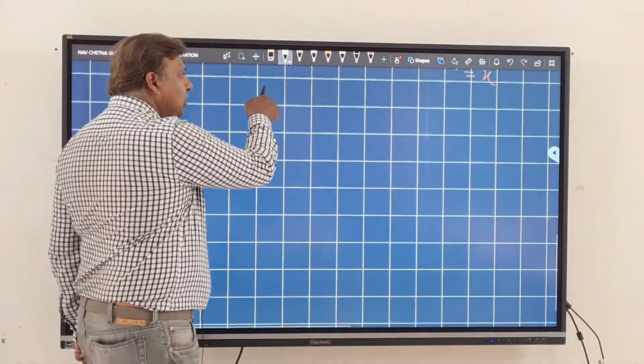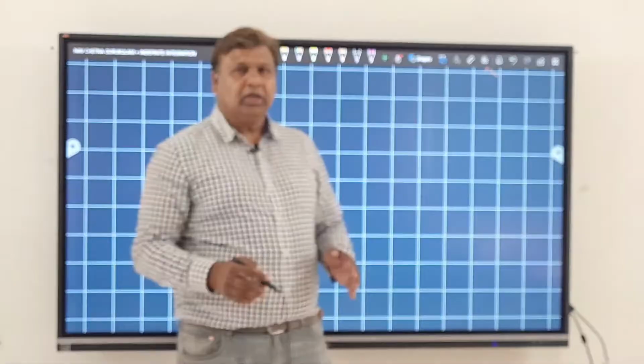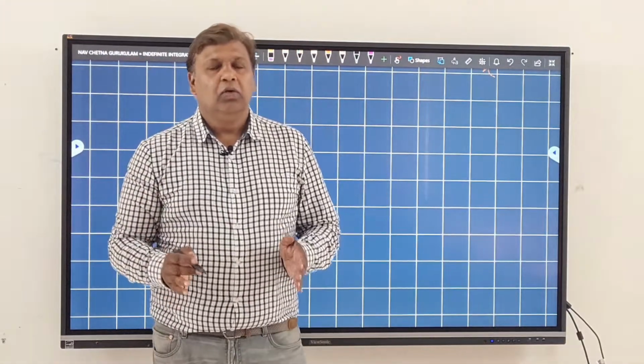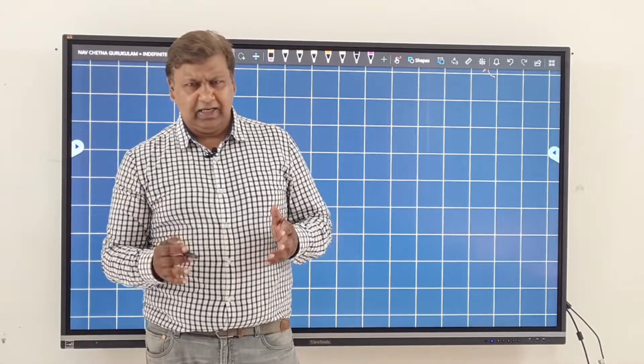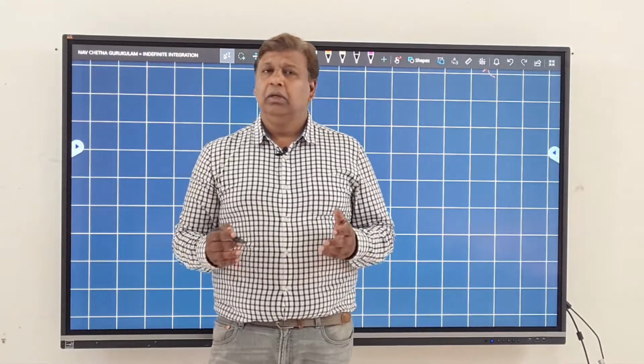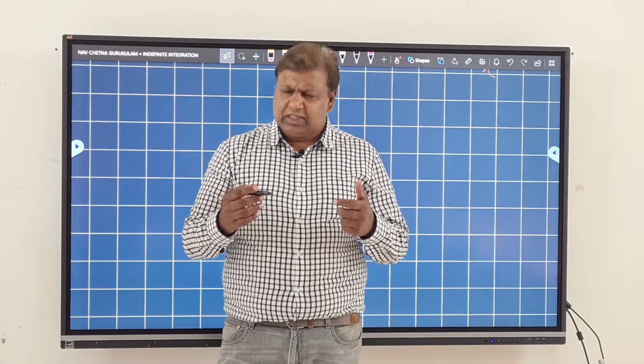Now, by now we have discussed what integration means. What do we understand when we integrate a function? We are getting a family of curves, and those curves resemble each other in some way.